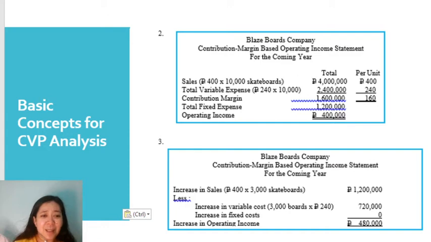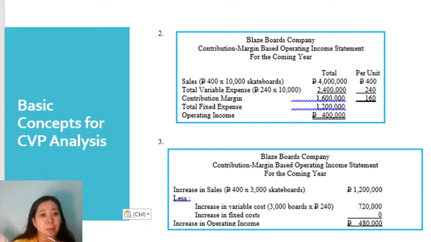This is what we have been talking about in the introduction part of this module. So in CVP analysis, the reason why classifying the cost into fixed and variable cost is important is because it is the requirement under this approach.